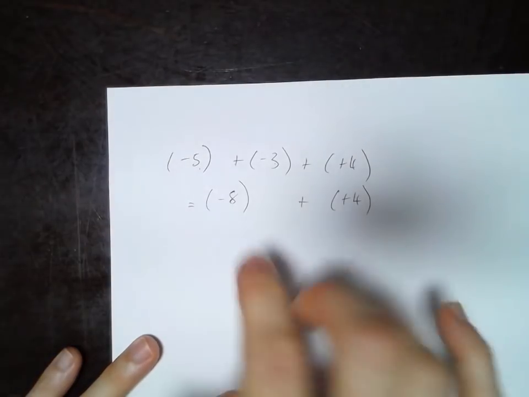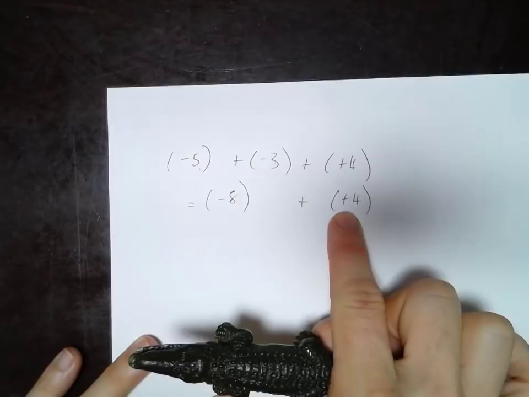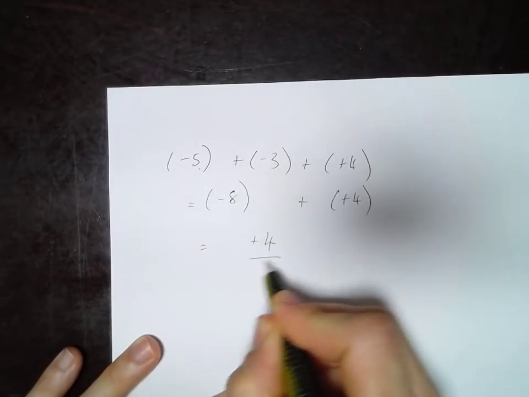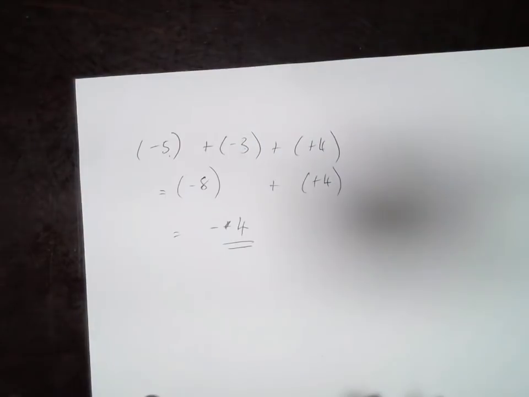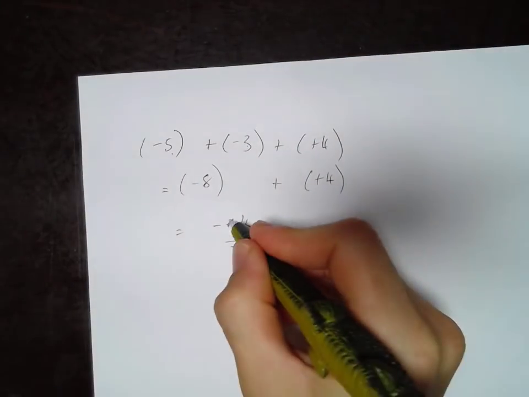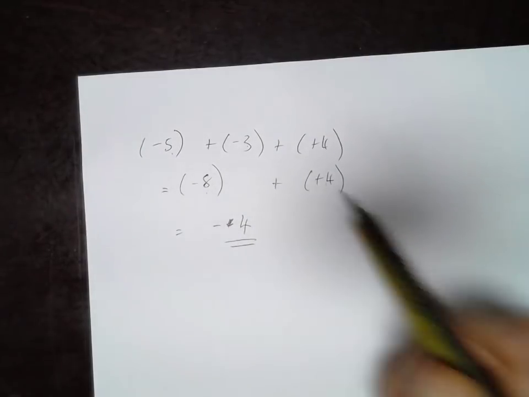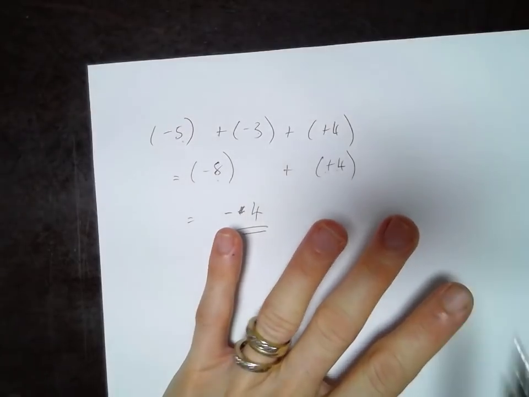This time if we start at -8 and go 4 places to the right, because it's a +4, we end up at -4 as our answer. So we're going to go -7, -6, -5, -4.